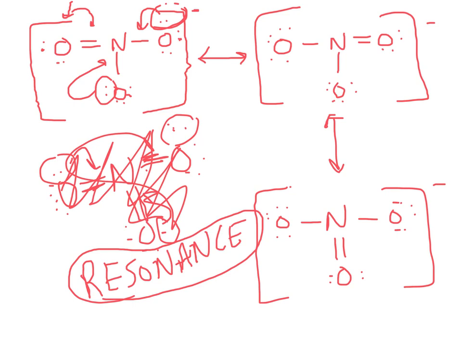So all the choices: taking a lone pair off the left-handed oxygen or the right-handed one or the bottom one. Draw all three possibilities, and that's what it'll always be. You're not moving the atoms around. It's always about what lone pair you chose to be shared to create a multiple bond, either a double or a triple. So you draw all the different possibilities. That's what's called doing resonance.